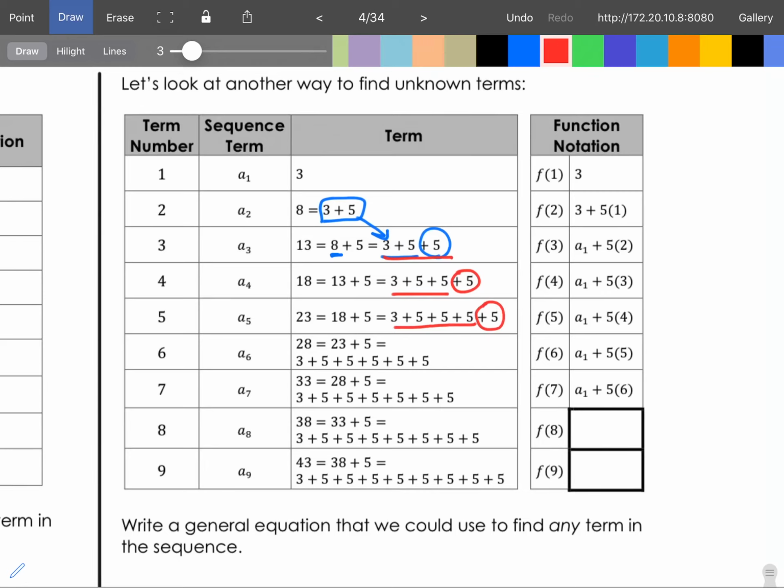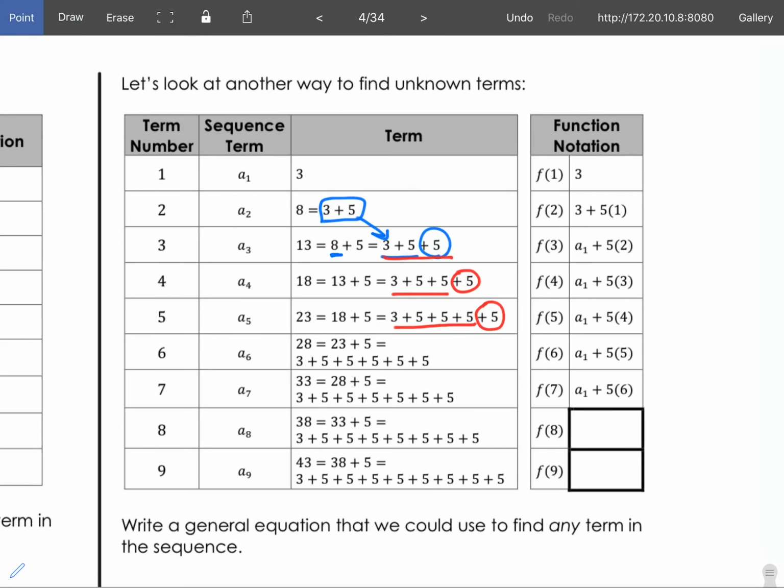If we want to look all the way down here and finish filling in this function notation, we're down at term 8. We could find that by taking, oh, and I probably should have gone over here to the side, sorry. So basically, we take our first term, and notice that this one is just 3 plus 5, which is the same thing as 3 plus 5 times 1.